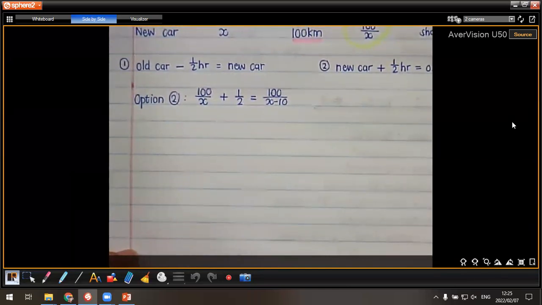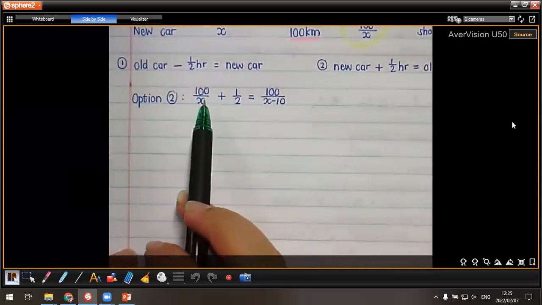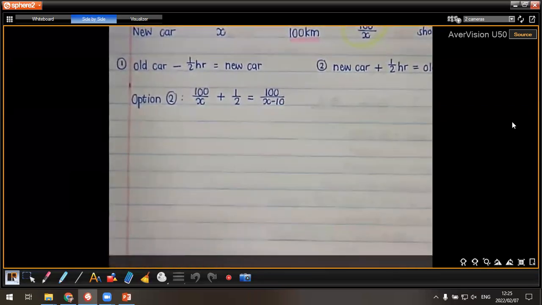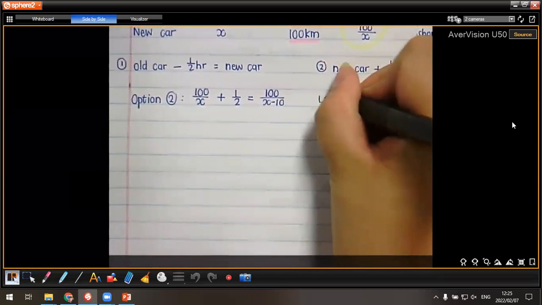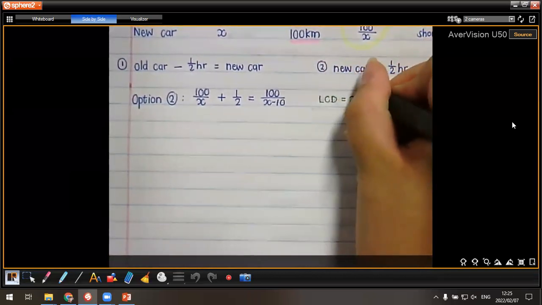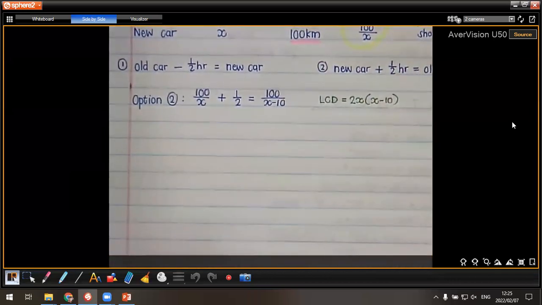And guys, in this case, the LCD is a bit complicated, right? The LCD has to have a 2 in it, and an x, and then an x minus 10 in a bracket, okay? So the LCD here is 2x times x minus 10. All right, that's a complicated LCD. So it needs to have the 2 and x on its own, and this bracket on its own.